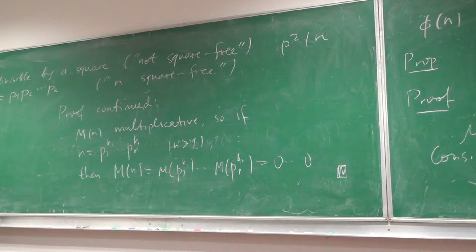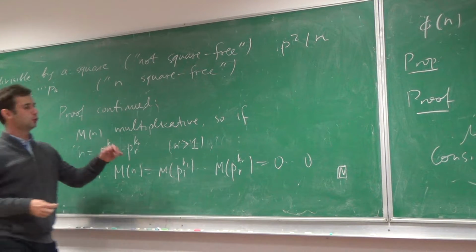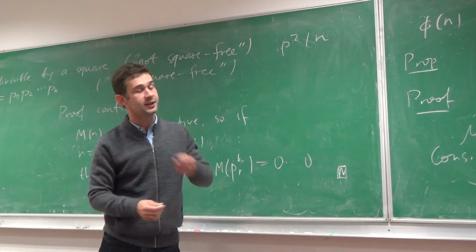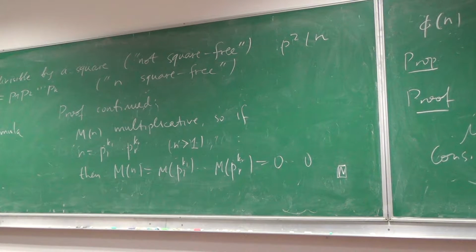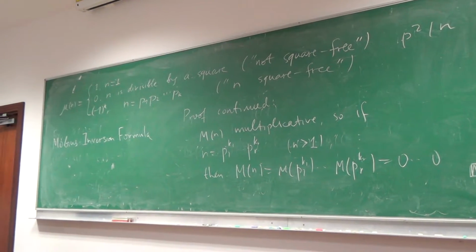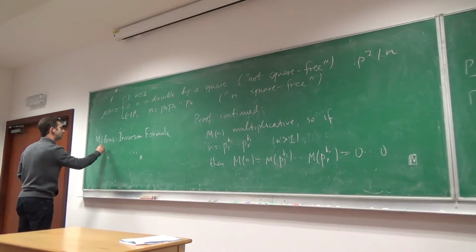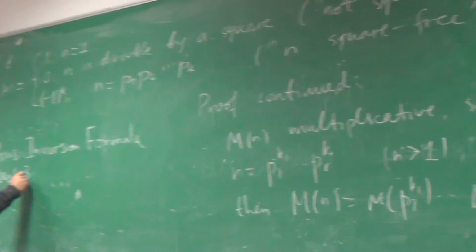This was a demonstration of a method for controlling functions like this, but there's also something called the Möbius inversion formula. This was the Möbius function, and it's used in the Möbius inversion formula. It's migrated from the lecture notes to the problem sheets in the week 3 problems.